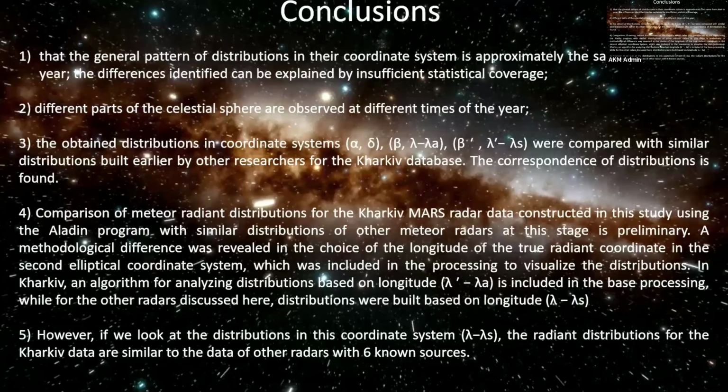Different parts of the celestial sphere are observed at different times of the year, and the obtained distributions in the coordinate system were compared with other distributions built earlier by researchers for the Kharkiv database, and correspondence of distributions was found. The comparison of meteor radiant distributions constructed in this study using the Aladin program with similar distributions for other meteor radars is at this stage preliminary.